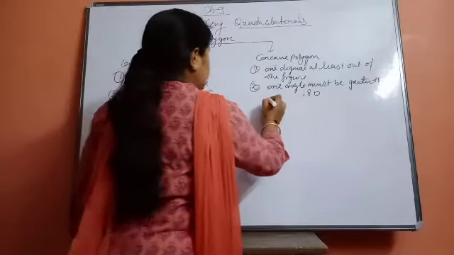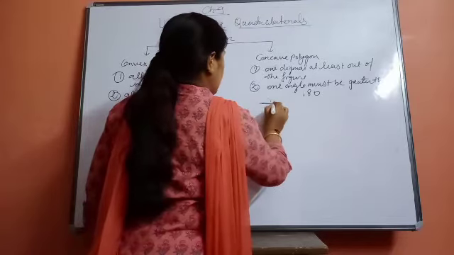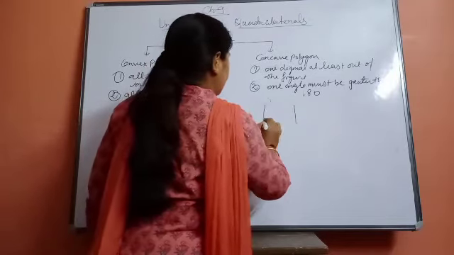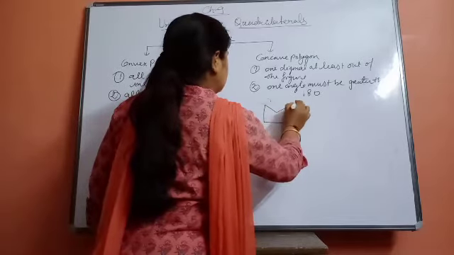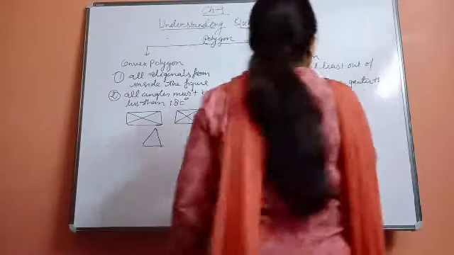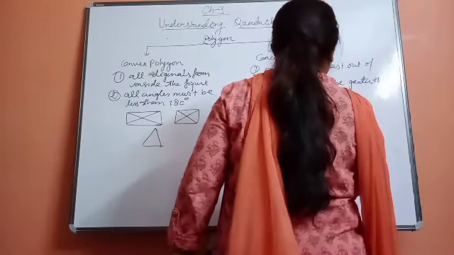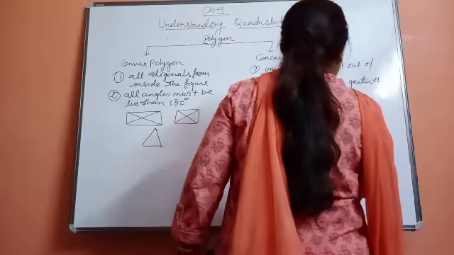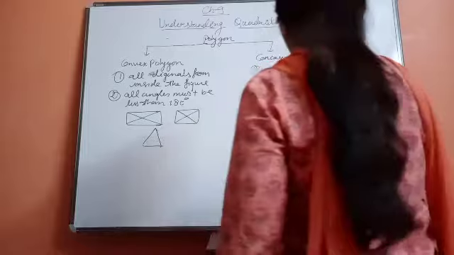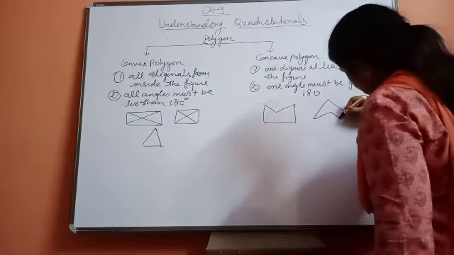You can see that if I make the figure like that, okay, if I make the figure like that here also, this is also a closed figure. Okay, if I join, it is not made perfectly.